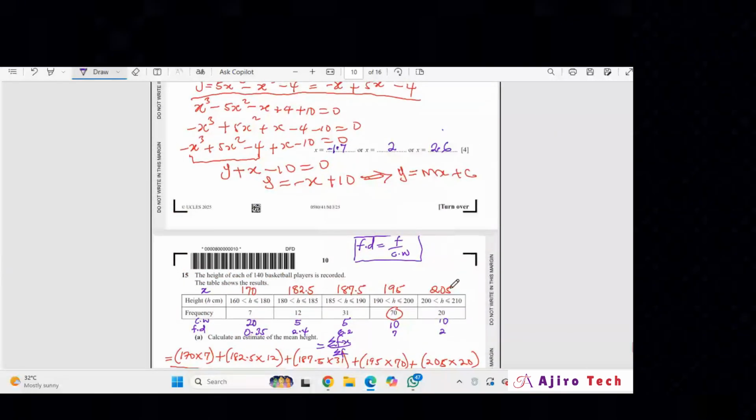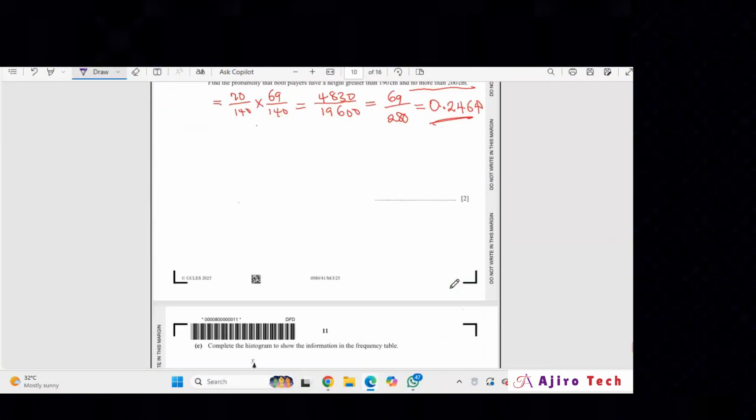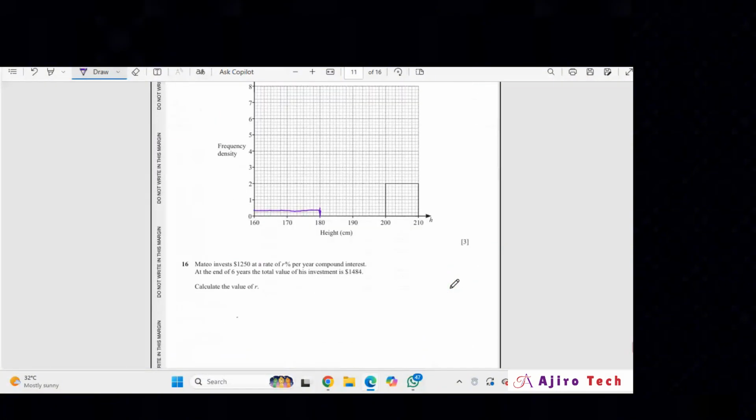So it will be 180 to 185 now. So 180 here, 81, 82, 83, 84, 85. 85 will stop here. So I'm going to draw this.